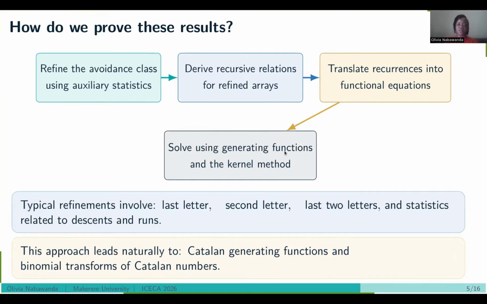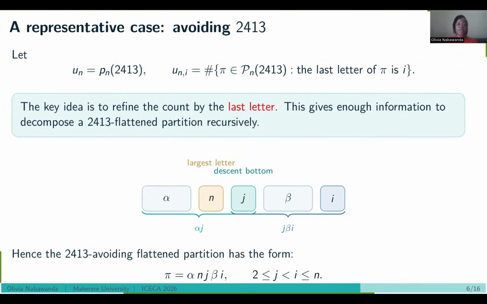Mostly, the statistics that we use to refine our avoidance classes are the last letter, second letter, last two letters, and other statistics related to descents and runs. Through this approach, we naturally end up with the Catalan generating functions and the binomial transforms of Catalan numbers. I'll use just a representative case, and that is the 2413 avoiding flattened partitions.